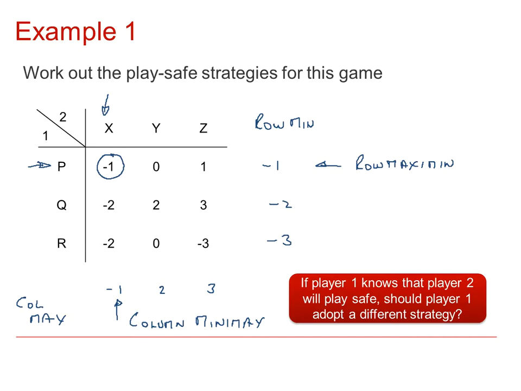Player 2 is looking at the same thing the other way around and saying, what would happen if I change from X to Y or Z? If I think that player 1 is going to play P all the time, should I change from X to Y or Z? And player 2 looks at that and says, well, no, if I change to Y, I'm going to be worse off with just a 0 game. And if I change to Z, I'm actually going to lose 1 instead of winning 1. So there's absolutely no point in either player changing. And this is what we call a stable solution.